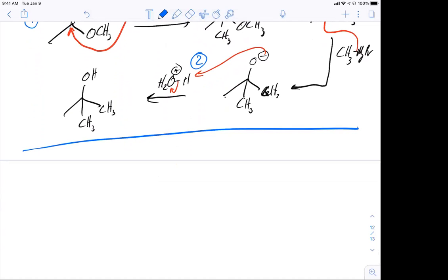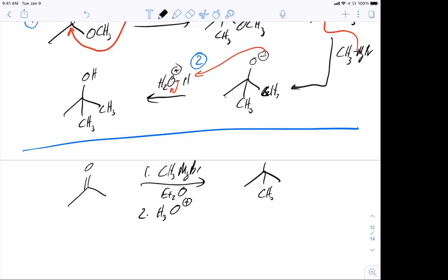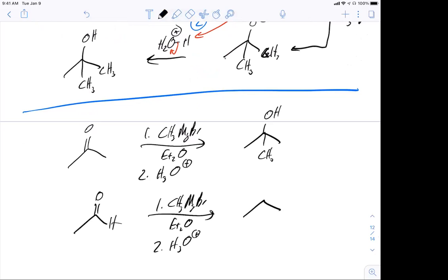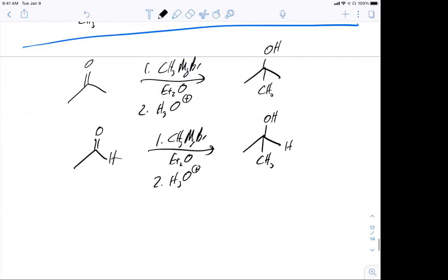So again, looking at these reactions, if I take a ketone, react it with a Grignard, I'll get an alcohol. Take an aldehyde, react it with a Grignard, I'll get an alcohol.